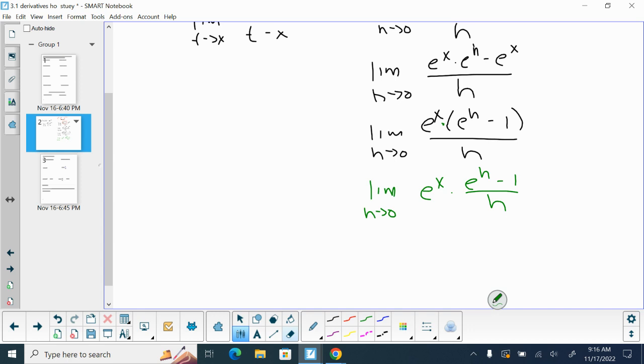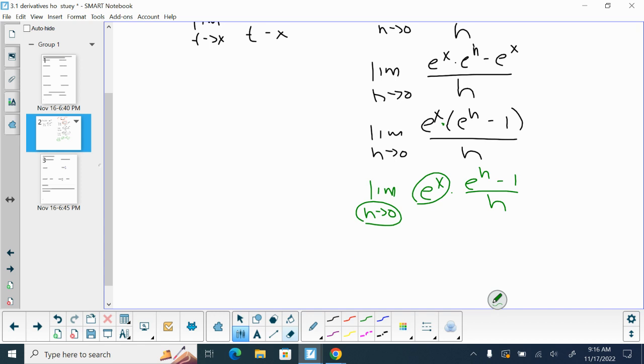Well, using properties of limits, h is approaching 0. E to the x is going to be a constant, because all we are going to substitute in here is 0 for h. So my e to the x is just like a constant.